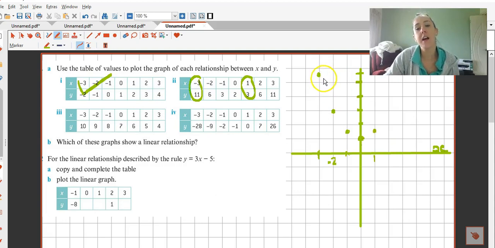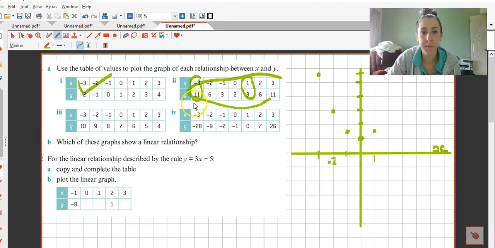Okay, so I can already see that I've gone from having a negative gradient up to a positive gradient, which means automatically that that's not going to be a linear equation. And if you actually look at the pattern itself, we go 11, 6, 3, 2, 3, 6, 11.